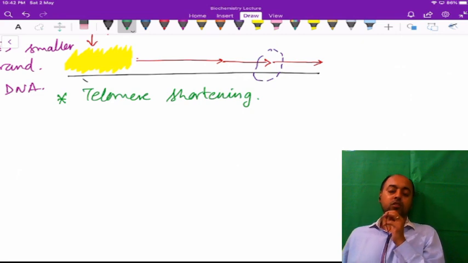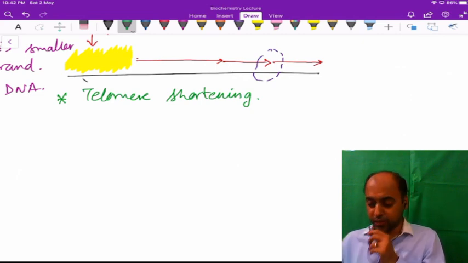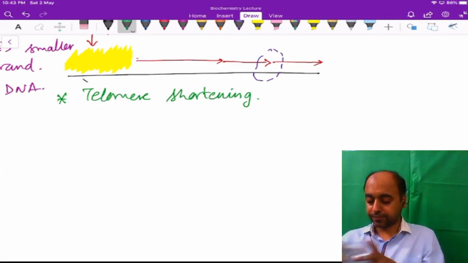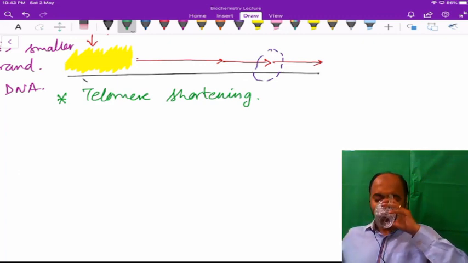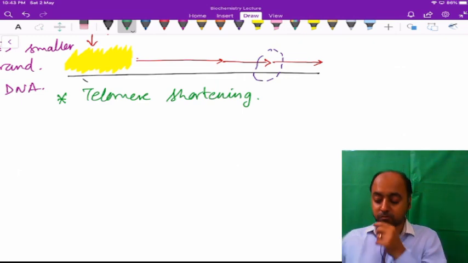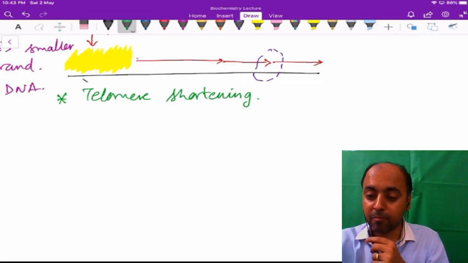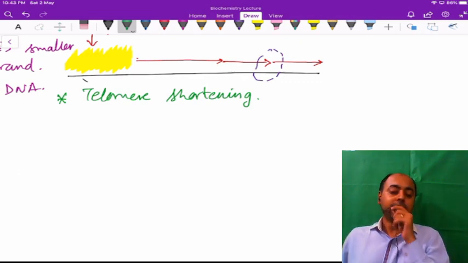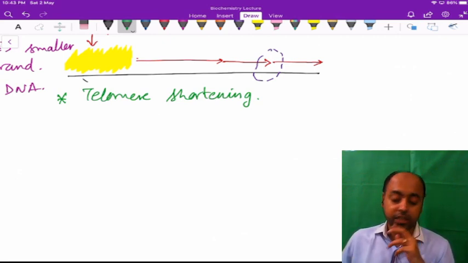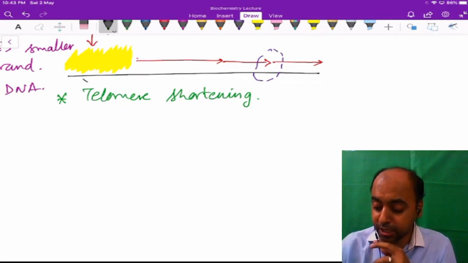If you recall, when we were talking about telomere, I had given you a very important piece of information. The information was that the telomere protects the ends of DNA, and it protects them from the DNA repair machinery.